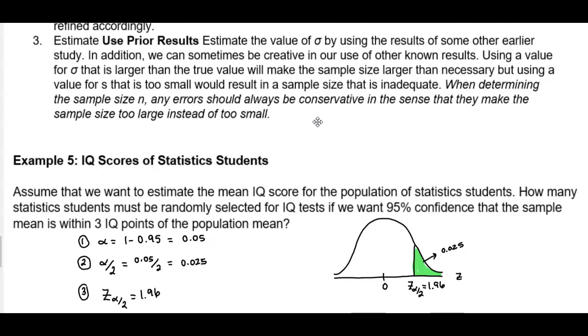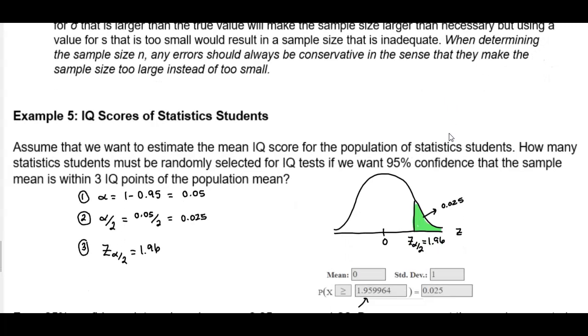Using a value for a population standard deviation that is larger than the true value will make the sample size larger than necessary, but using a value for the standard deviation that is too small would result in a sample size that is inadequate. So when determining the sample size n, any errors should always be conservative, in the sense they make the sample size too large instead of too small.